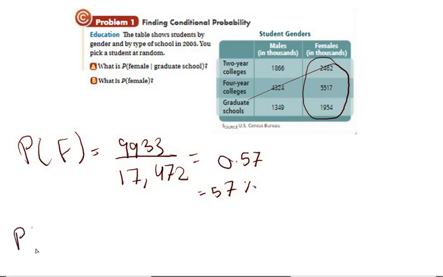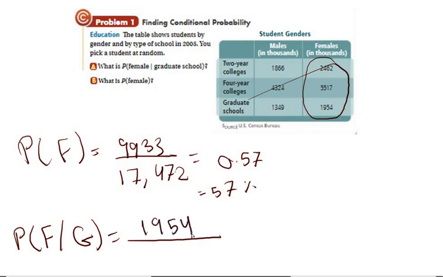So probability of female given graduate is equal to the number of females at graduate schools, 1,954, over the number of students at graduate schools, the sum of these two numbers here, which is equal to 3,303. And this is equal to 0.59 or 59%.